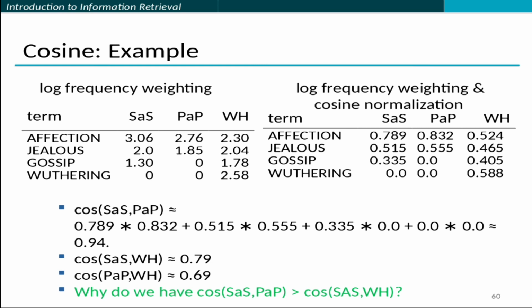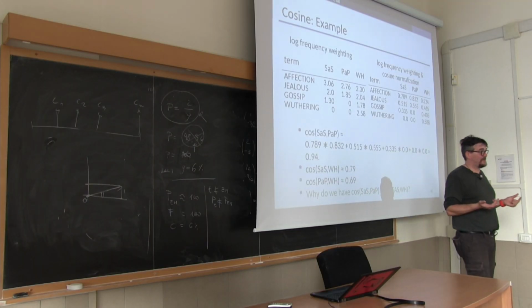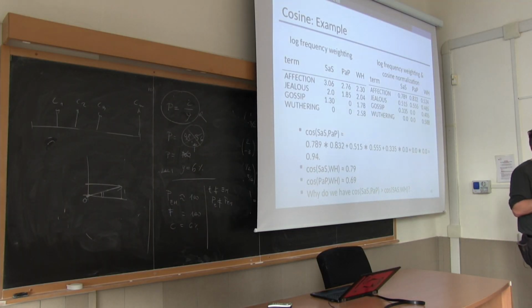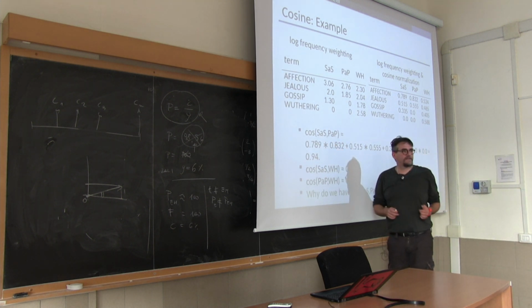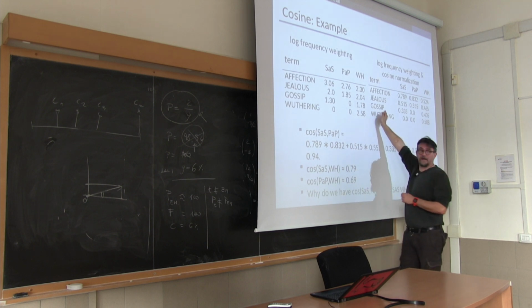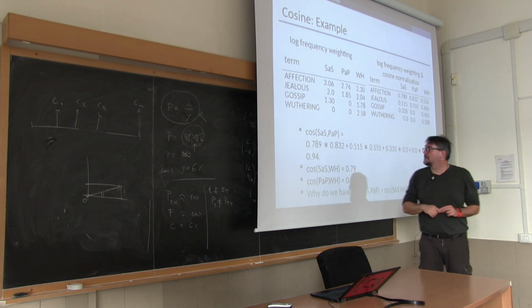Finally, from the log frequency weighting we do the cosine normalization, and thus, if we want to measure the similarity between two documents, we use the cosine. The cosine is pretty simple. Since we have normalized, we simply multiply term by term and sum up.